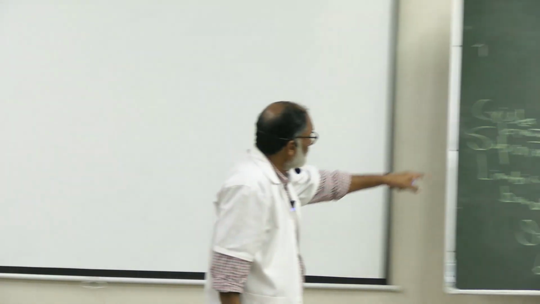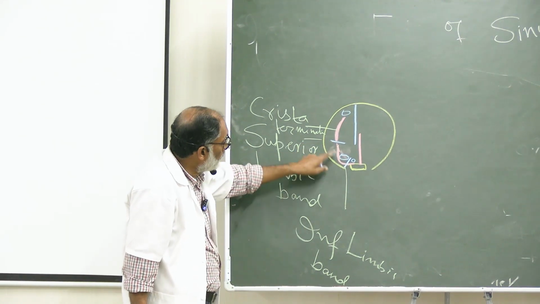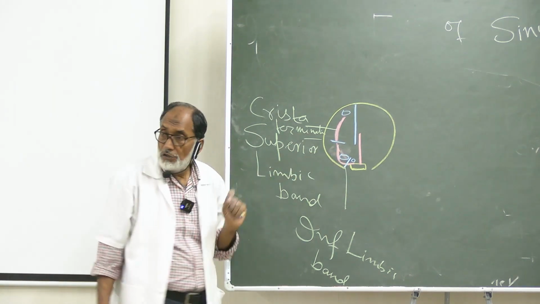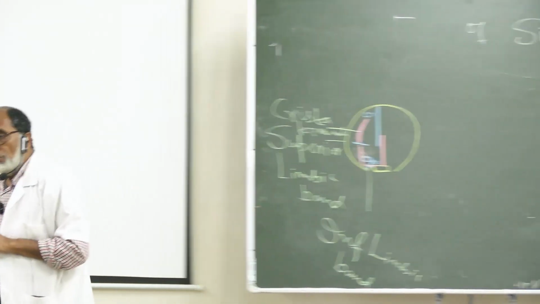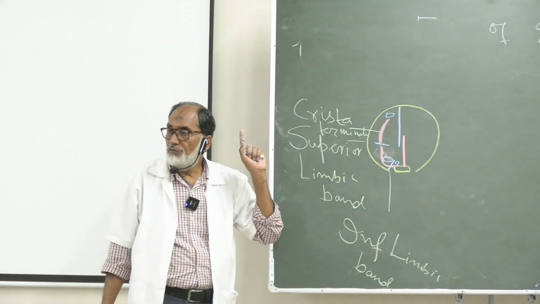And between the superior and inferior band, this is the opening of the inferior vena cava. That vena cava is guarded by a valve. That part will form the valve of the inferior vena cava.